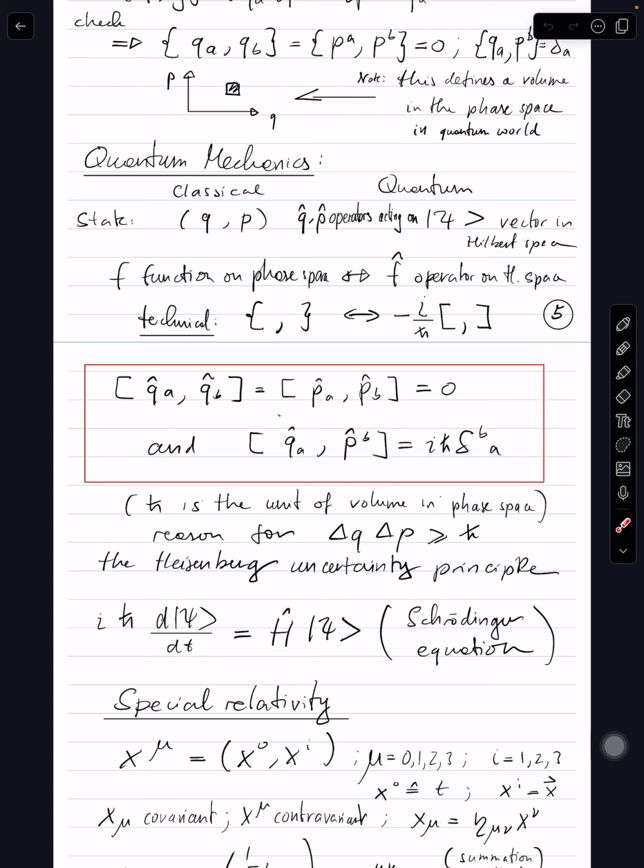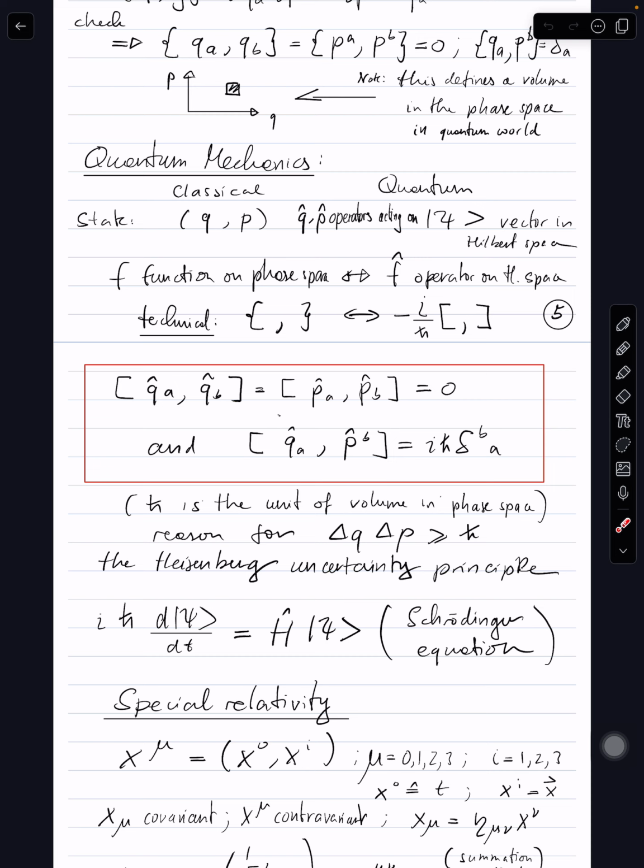And technically, what we also do is promote this Poisson bracket to the so-called commutator, multiplying it by i divided by h bar, and including a minus sign for technical reasons. The operators now have a very similar relation as the Poisson brackets had with the classical quantities. They commute when you have positions or positions, or momenta and momenta, and they don't commute if we look at the positions and momenta of the same particle.